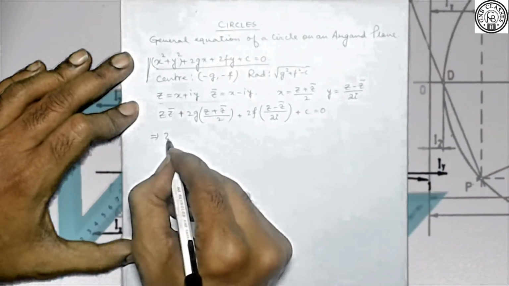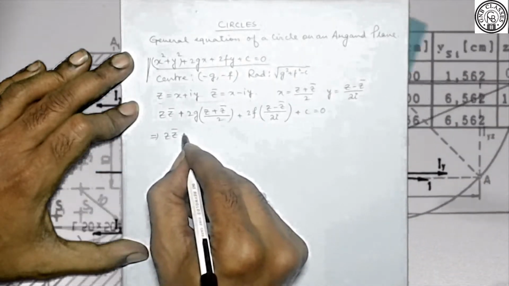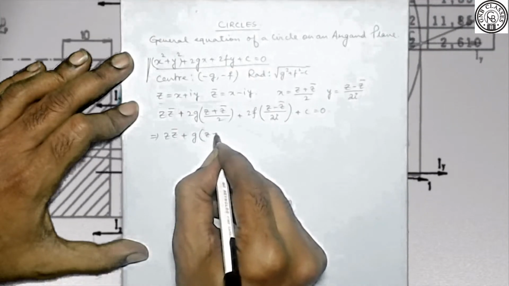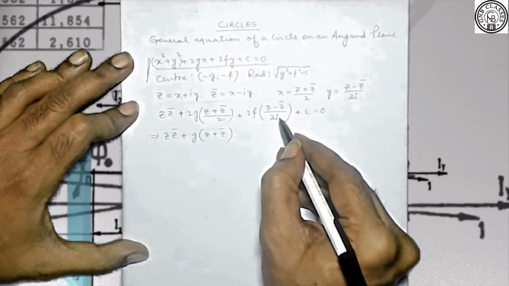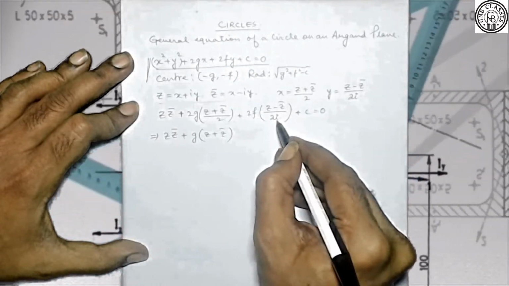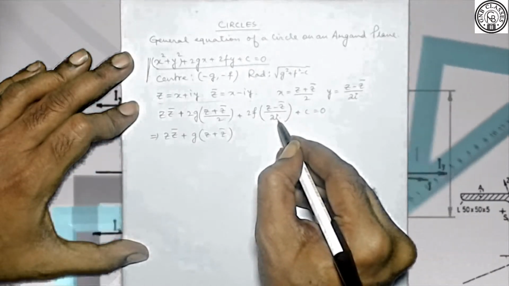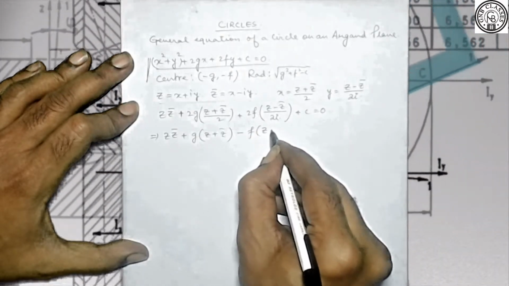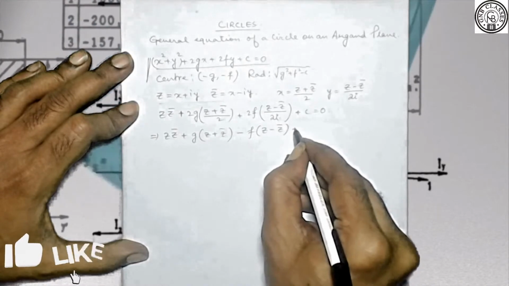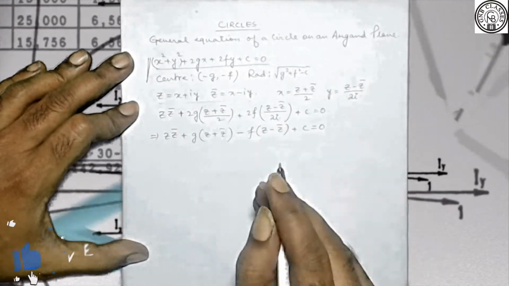So we can write this thing as z z bar plus, okay, let me just multiply numerator and denominator with iota. So the denominator will be iota square, which gives you minus 1. So it will be minus f iota (z minus z bar) plus c equals to 0. Is it clear?